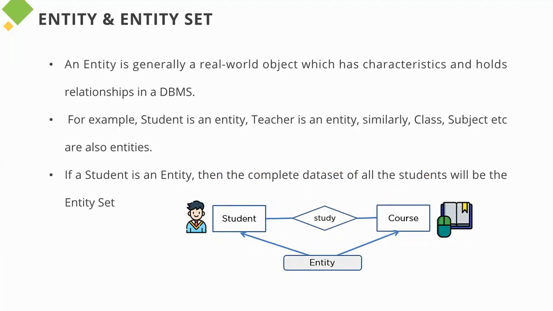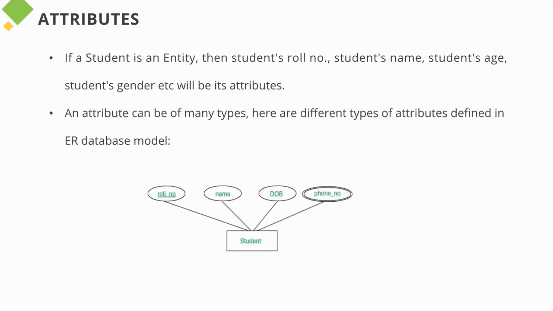We'll discuss this further. Now an attribute: the characteristics of an entity are called attributes. Attributes define what the entity is. How do you identify the characteristics of a student? A student possesses roll number, name, date of birth, and mobile number.